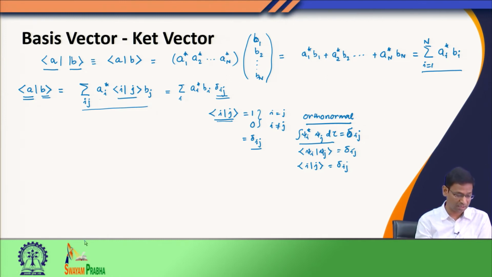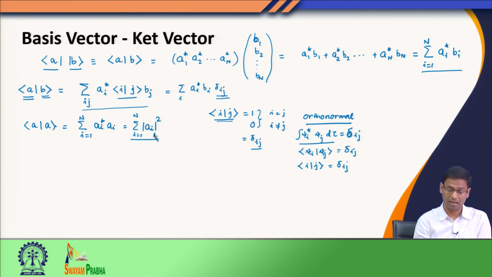Okay. So, now we discuss one more interesting property from here. Suppose instead of the overlap of A and B, I am doing the overlap of A with A. What would I get? I would simply replace B i with A i, because both bra and ket have A. So, in this case, i goes from 1 to n, A i star A i, which is now A i mod square.